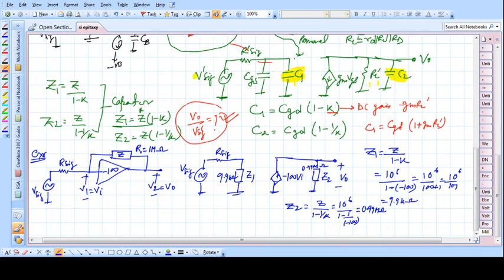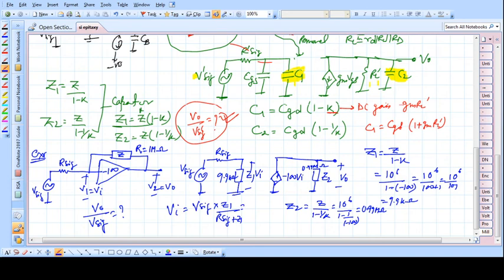Now we have to find the output voltage. Why? Because suppose in a question we have to find V0 by V signal. So first we have to write this as Vi. This Vi is nothing but simply the voltage divider rule. We have to write V signal into Z1 by R signal plus Z1.